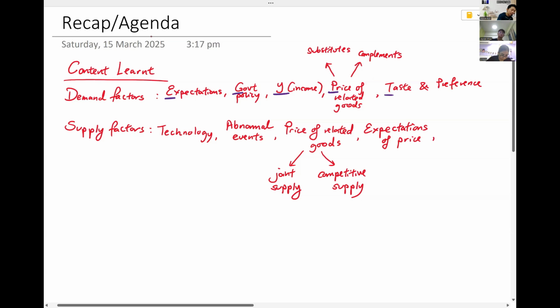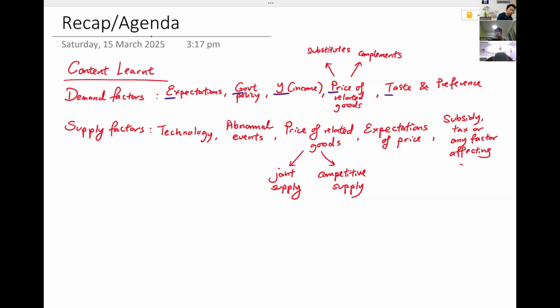The last one refers to a very broad one: subsidy, tax, or any factor influencing or affecting your cost of production. Some of you might say, why not call it cost of production?